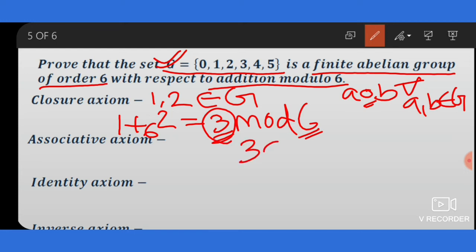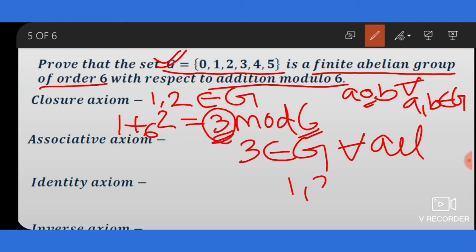Now 3 also belongs to G for all 1, 2 belonging to G. So the closure axiom is satisfied.